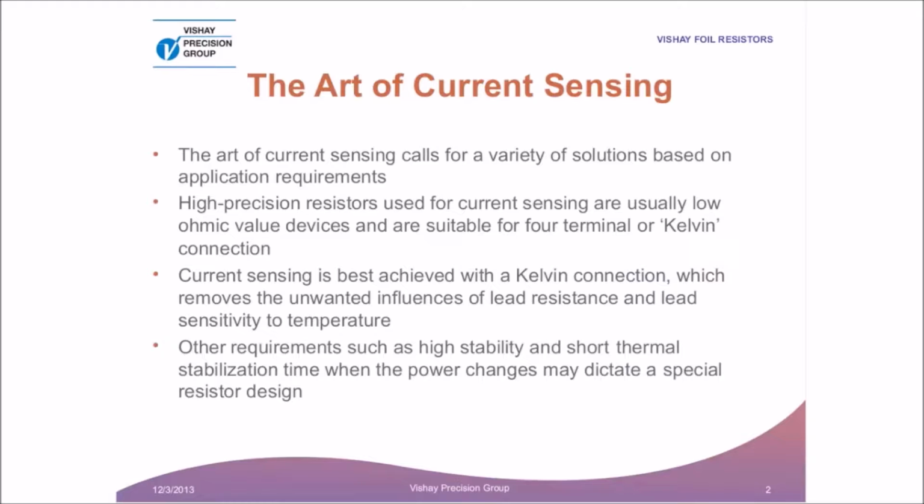Other requirements, such as high stability and short thermal stabilization time, are also important in precision current sensing applications. Just to add in there, current sense measurements are almost always very, very low values in the milliohm range. Lead resistance affects TCR, PCR, and thermal EMF. So as a result, all measurements must be 4-wire Kelvin.